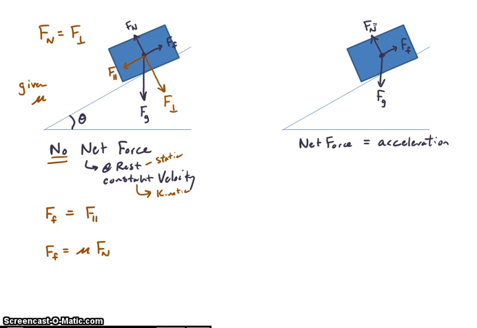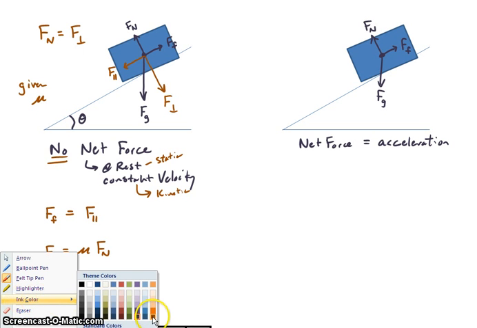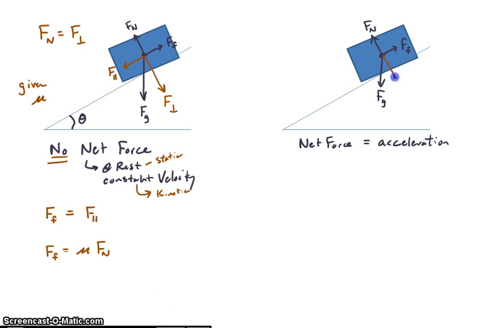The difference here is that when I split up my components, I get my force perpendicular and I get my force parallel, and my force parallel is greater than my force of friction. Okay? Which means that I have a bigger force here than I do here, which causes me to have a net force.